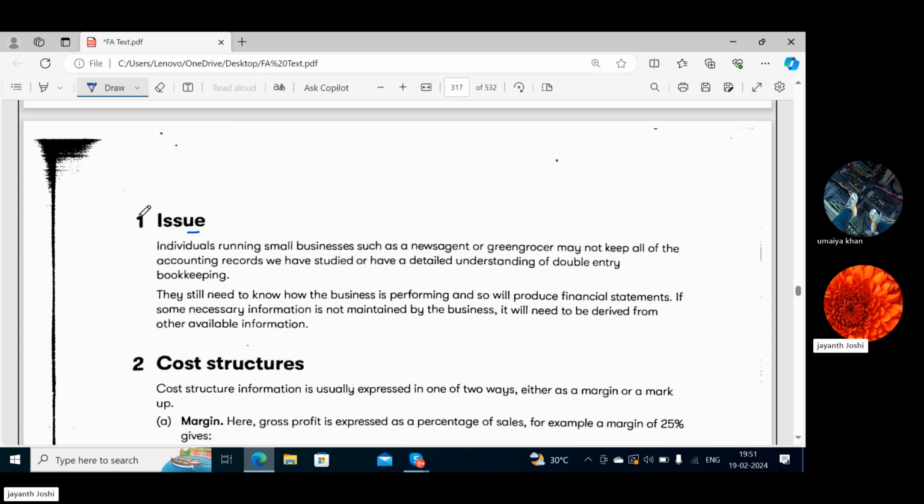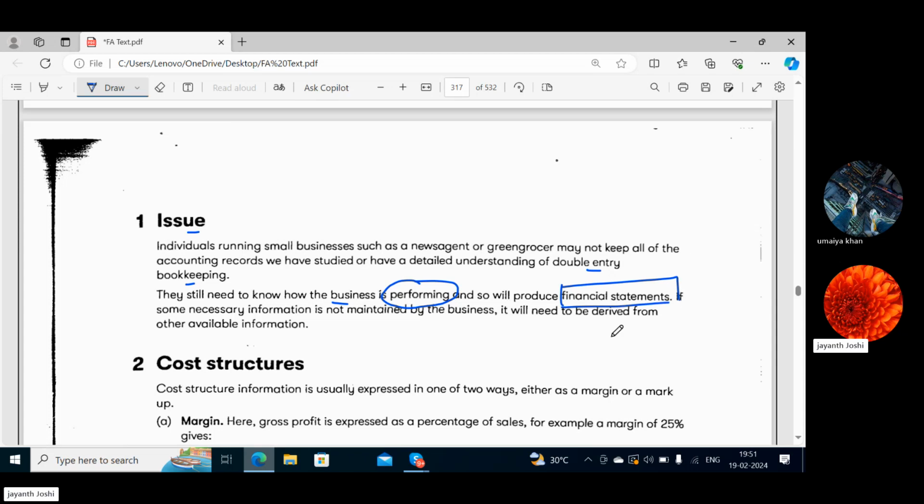This incomplete record helps in that particular scenario. So first of all, what is the issue? We have discussed that individuals who are running very small businesses like a grocery shop may not keep all the accounting records which we have studied till now in detail, which is as per the double entry system of bookkeeping. They still need to know at the end of the year or reporting period how the business is performing, and that's the reason they will prepare financial statements.